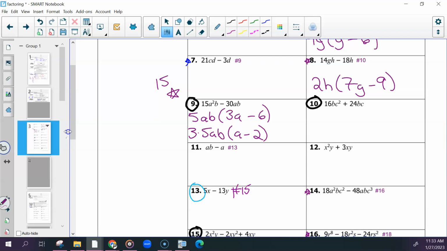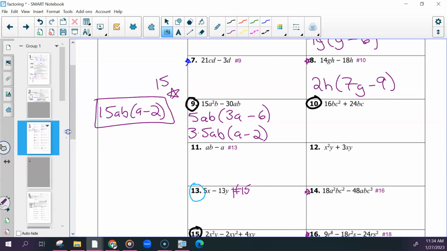If you have to take something out, that means you probably didn't choose the highest number to begin with, which is fine, as long as you get there eventually. So whether you do that first or you eventually do it does not matter, as long as you get there eventually. Okay, so 15ab times (a minus 2) would be our final answer.